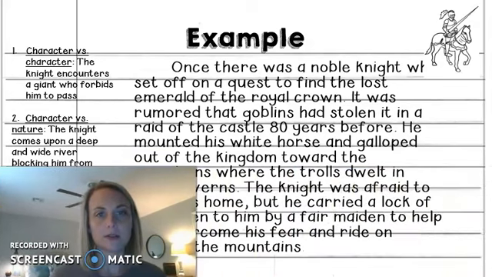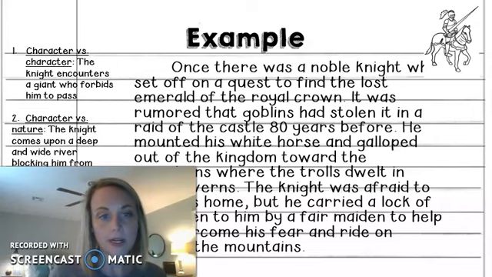So here it goes. I'll read it again with the character versus self conflict included. Once there was a noble knight who set off on a quest to find the lost emerald of the royal crown. It was rumored that goblins had stolen it in a raid of the castle 80 years before.